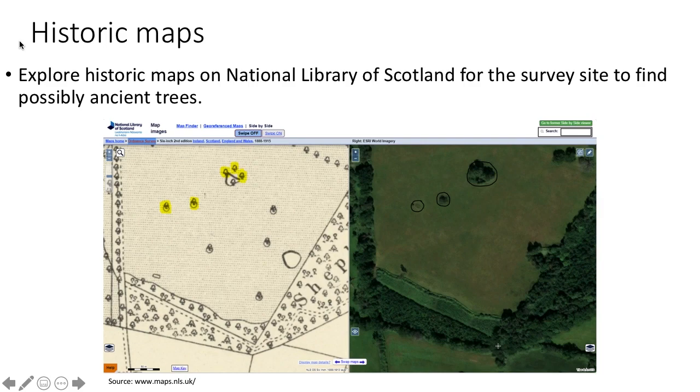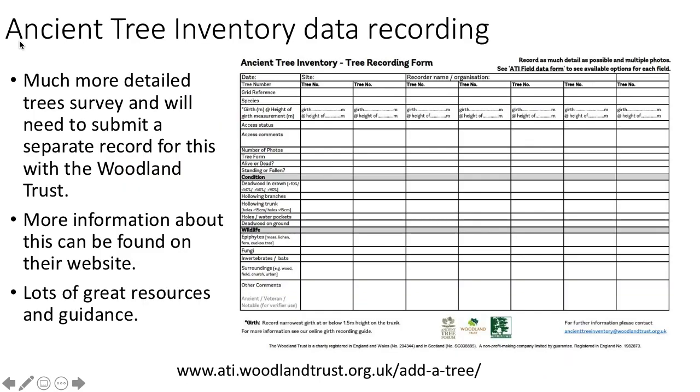So what I've talked about is a little bit of a broad brush approach. If you're really interested in documenting the trees and making a specific record for the tree beyond the field survey that you're doing for me, you can actually submit your tree records on the Ancient Tree Inventory website, and they will be verified by the Woodland Trust's verifiers and added to that website that I just showed you.